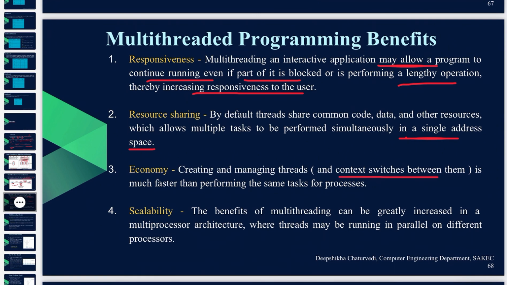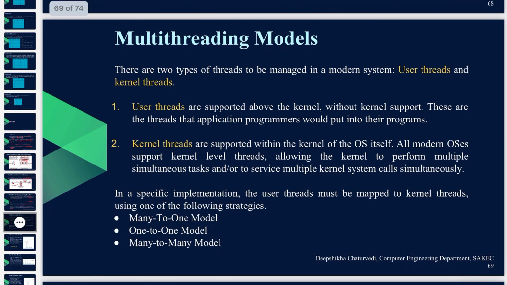Economy. Creating and managing threads and context switching between them is much faster than performing the same tasks for a process. And scalability. The benefits of multi-threading can be greatly increased in a multiprocessor architecture, where threads run in parallel on different processors. Multi-threading models. There are two types of threads to be managed in a modern system: user threads and kernel threads.